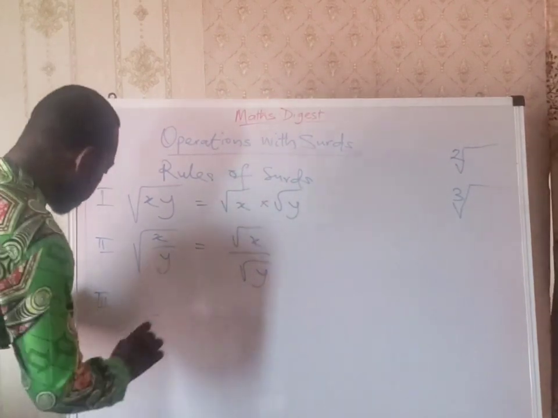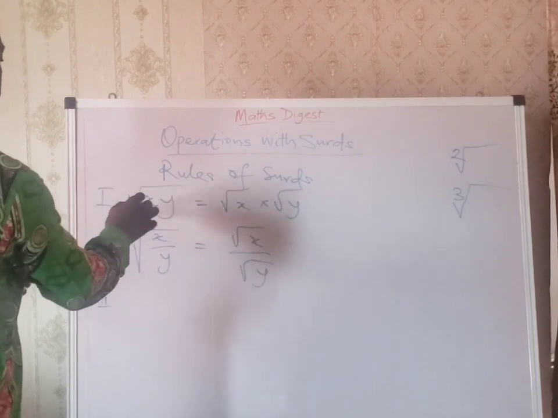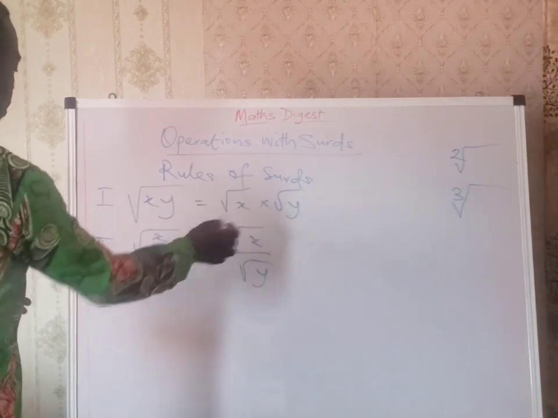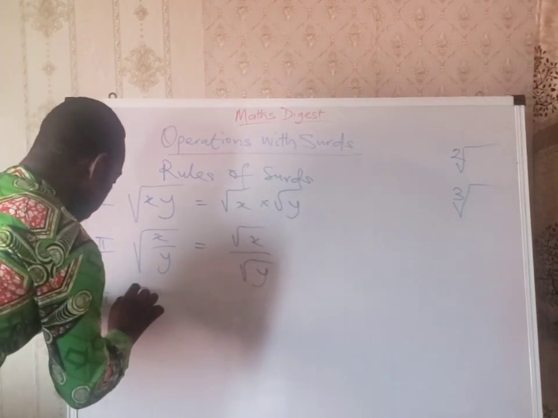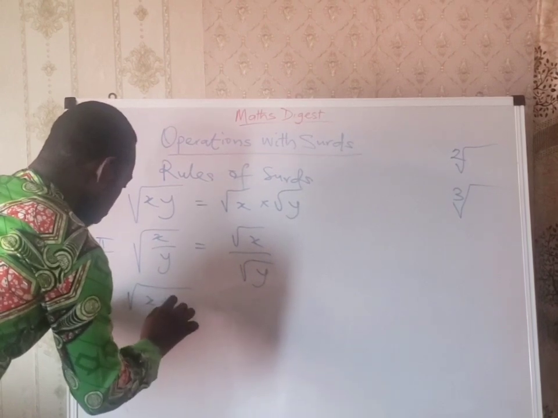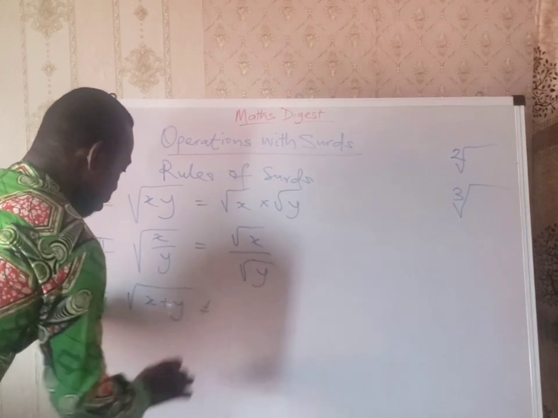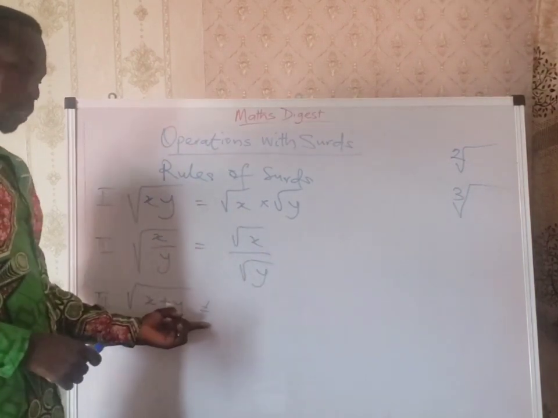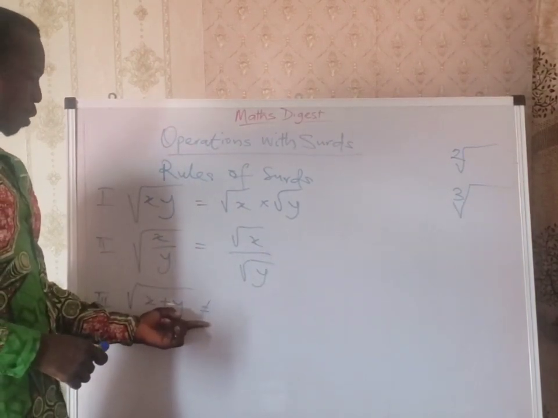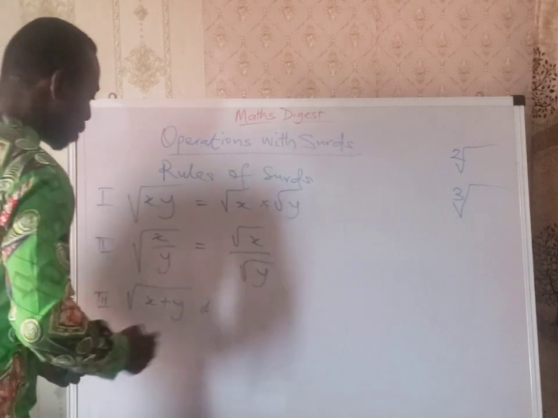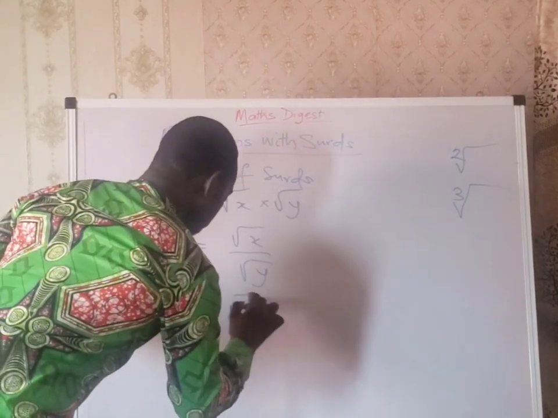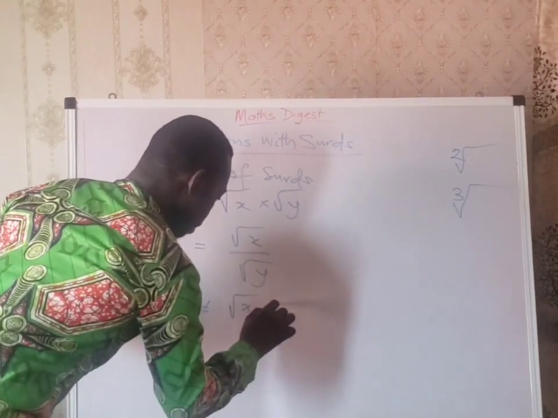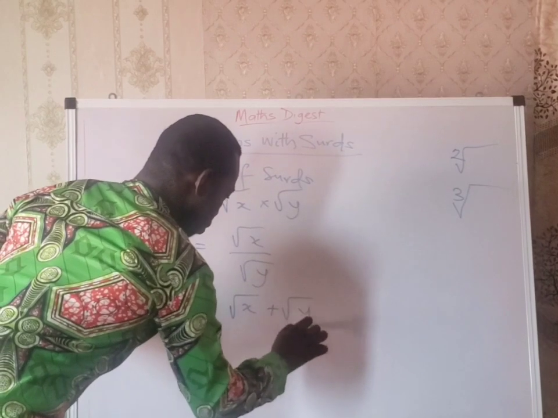You cannot say that since root of xy is this, that root of x plus y, remember this sign, this is not equal to, that's what it means, cannot give you root x plus root y.